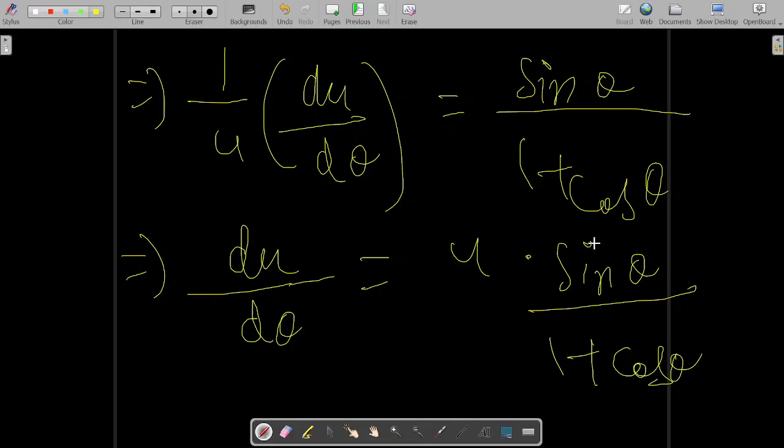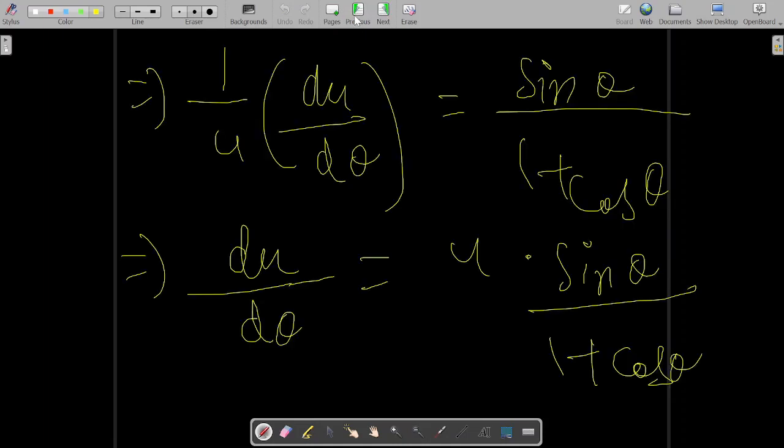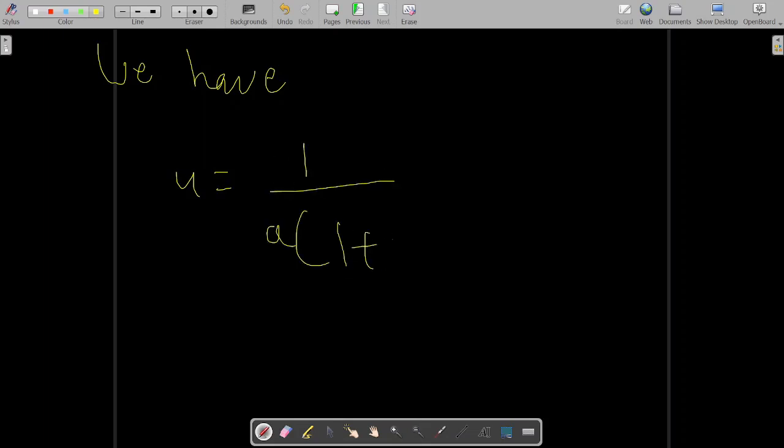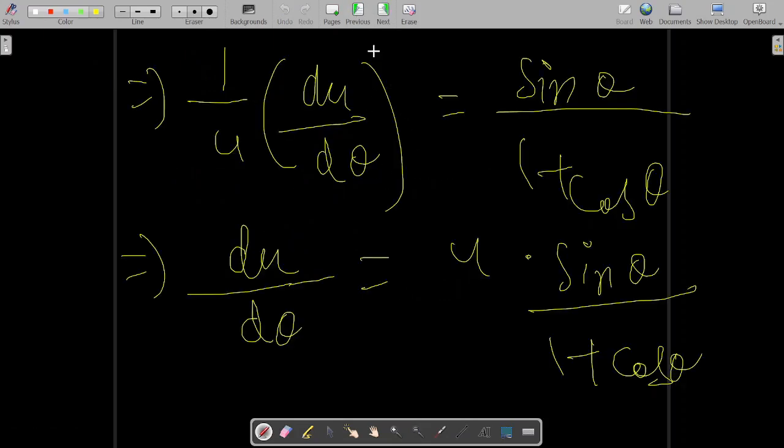Now the value of u you know very well: u equal to 1 over a into 1 plus cos theta. We have this, so just put this value over here.